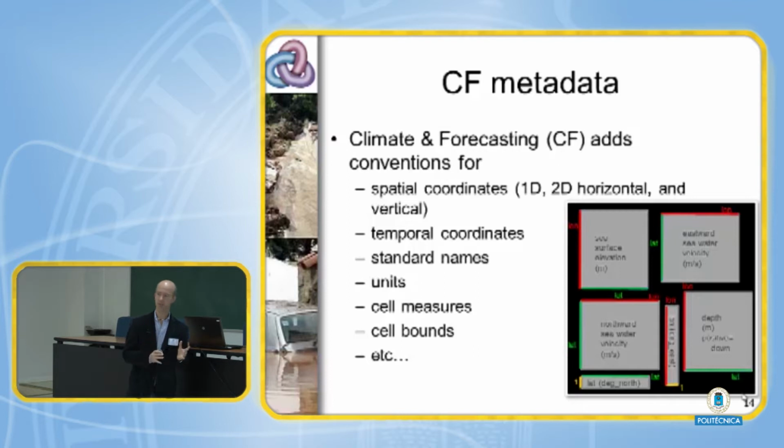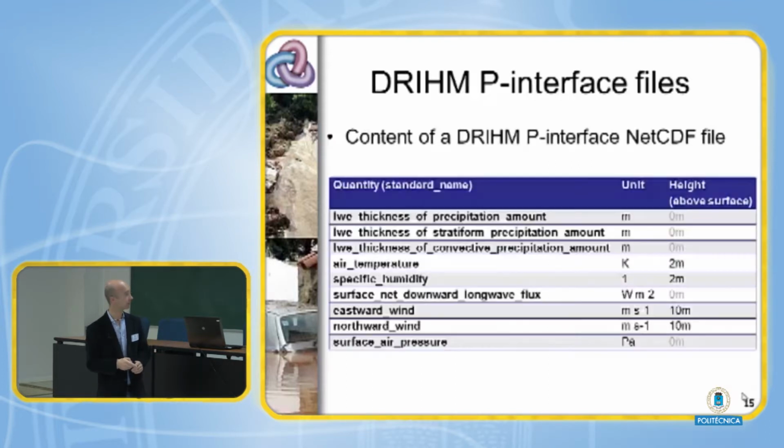Now going back to the DRIHM infrastructure, we talked about the P interface being stored in this NetCDF CF file format. For that, we selected a couple of standard quantities. And these are the quantities that you will see when you open this afternoon a NetCDF file in one of the visualization packages.